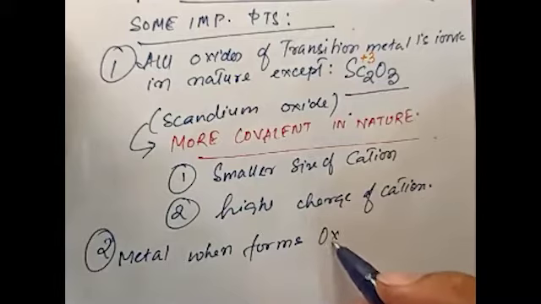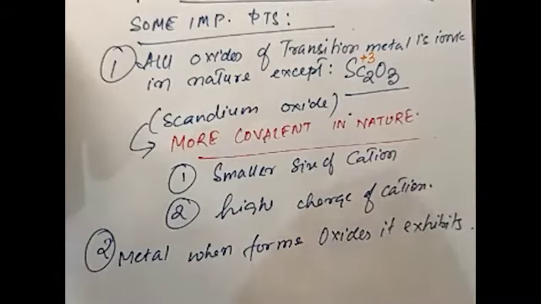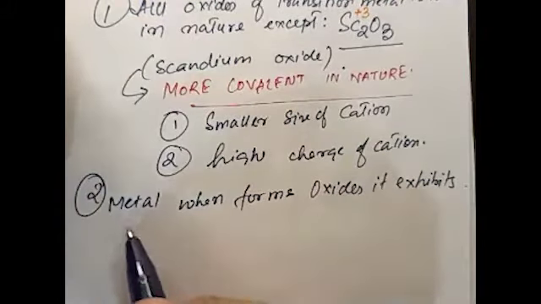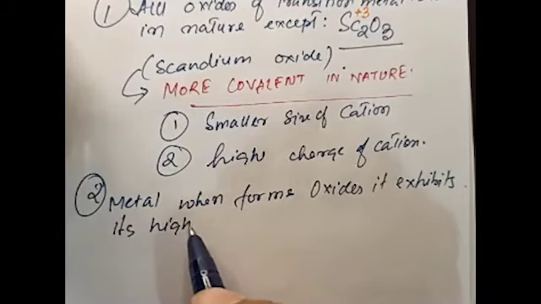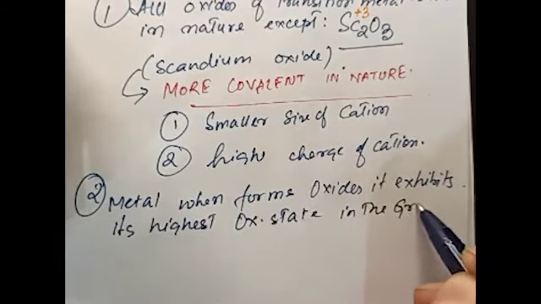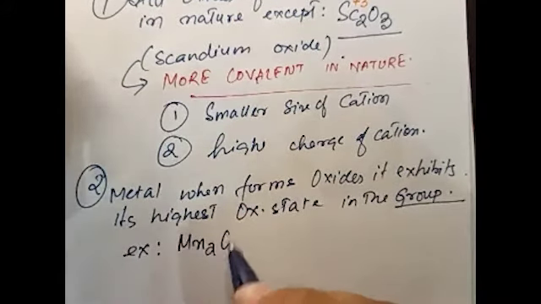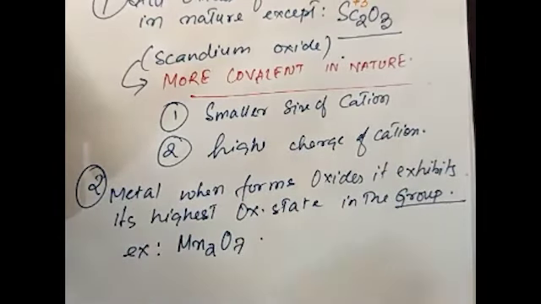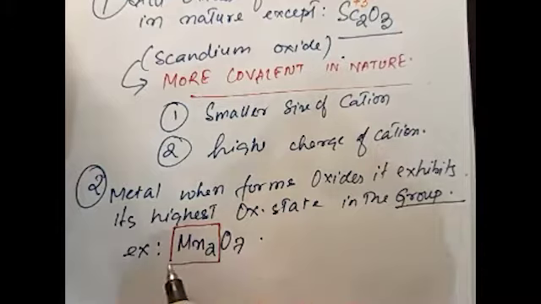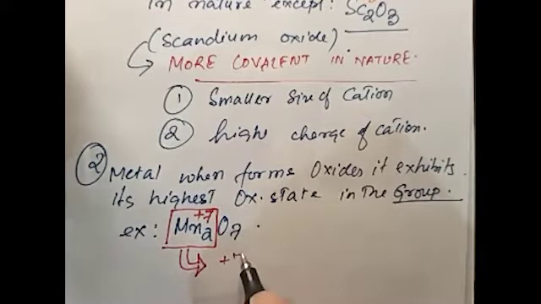When a metal forms an oxide, it exhibits its highest oxidation state in the group. For example, Mn2O7. Manganese will have its highest oxidation number, which is plus 7.